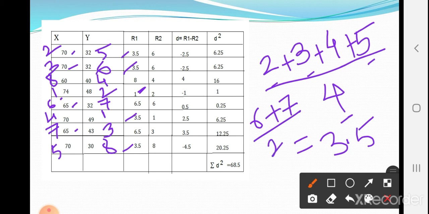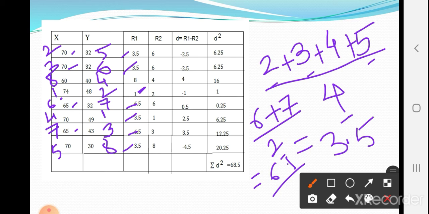That means we calculate the average of their preferences. So here the preferences are 6 and 7. So 6 plus 7 divided by 2 is 6.5. So give the rank 6.5 for the value 65. So 6.5 and 6.5.